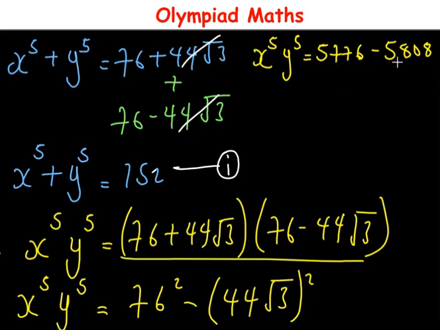Subtracting this, the value of x raised to power 5 times y raised to power 5 will equal minus 32.